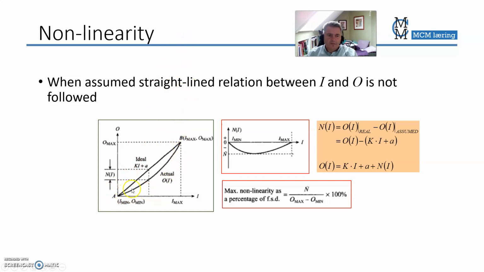And if that output was almost flat, with the same gap between, the nonlinearity would have a stronger effect on the input-output relationship. So you look at the nonlinearity as a percentage of full-scale deflection, FSD.